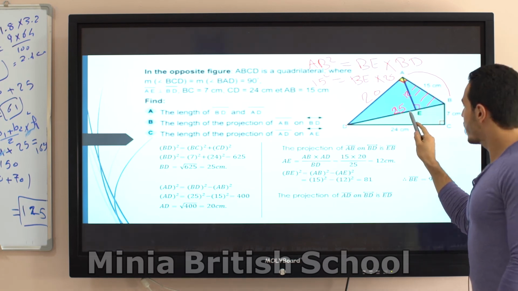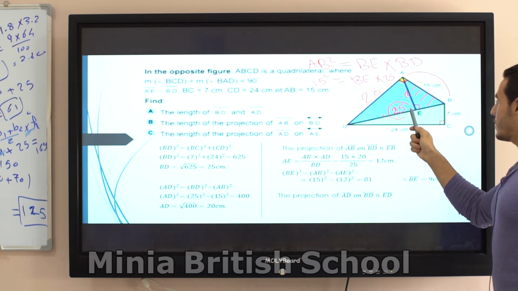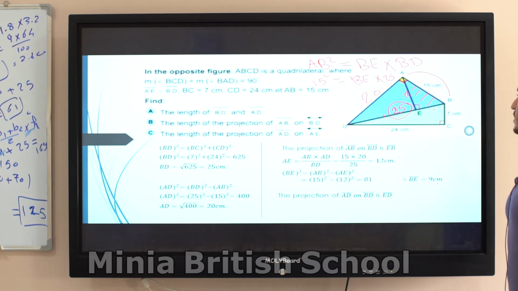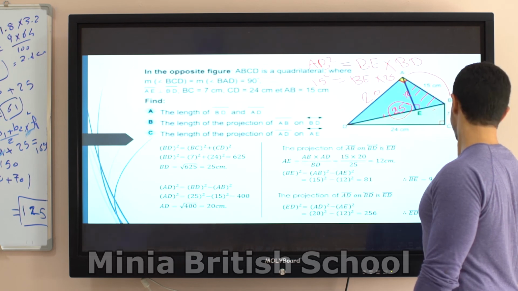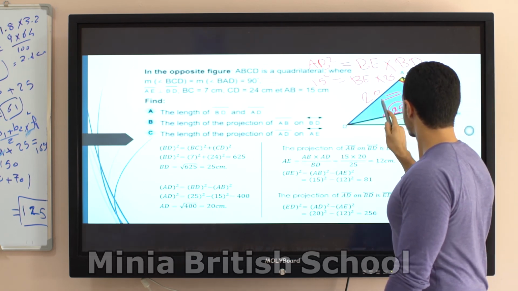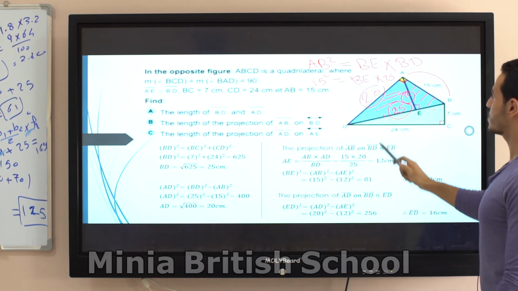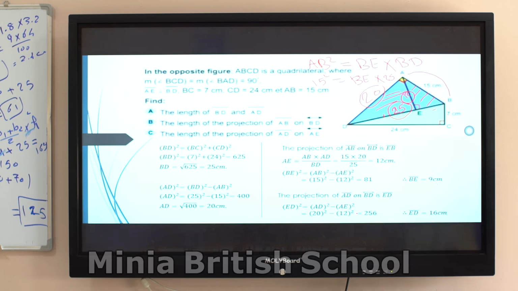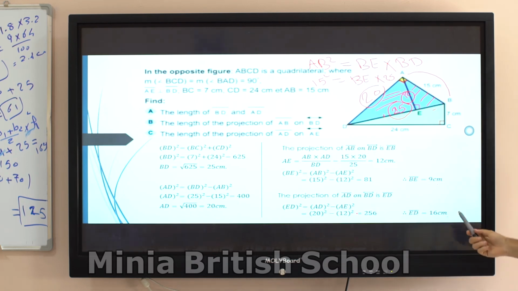Now I will find the length of ED. ED equals 25 minus 9, or using Pythagoras theorem in this triangle, 20 square minus 12 square, which is 256. Then ED equals the square root of 256, which equals 16 centimeter.